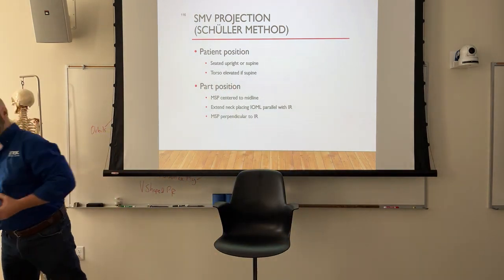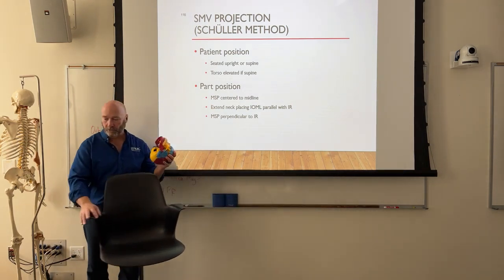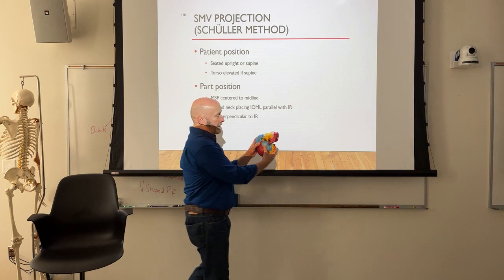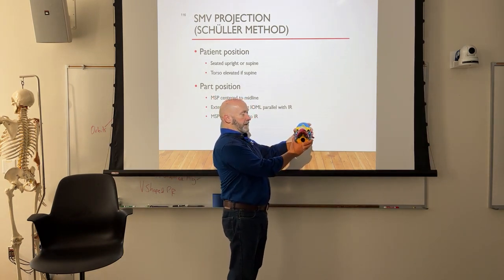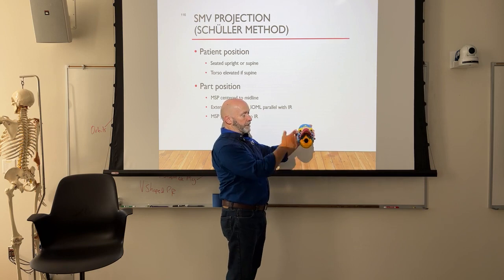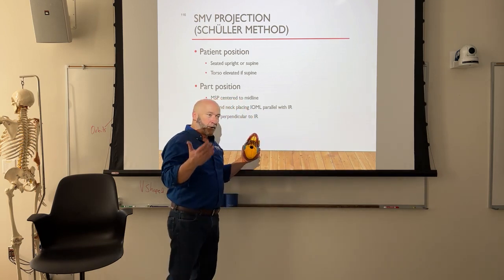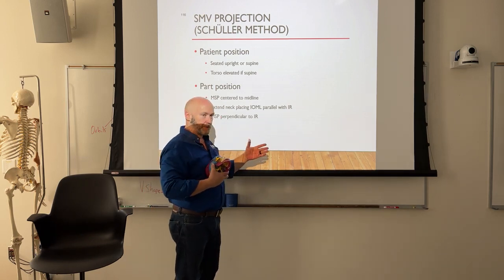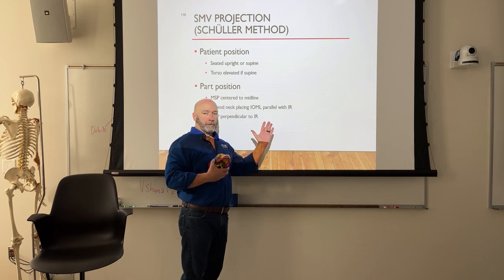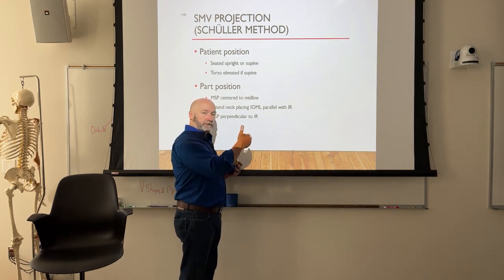Angle the central ray, right? So regardless, in an ideal situation, you want the infraorbital meatal line parallel to the image receptor. But if the patient can't do that, then you're going to angle the central ray perpendicular to the infraorbital meatal line. So again, perfect situation, central ray is perpendicular to the image receptor, infraorbital meatal line is parallel to the image receptor, and that puts the central ray perpendicular to the infraorbital meatal line.